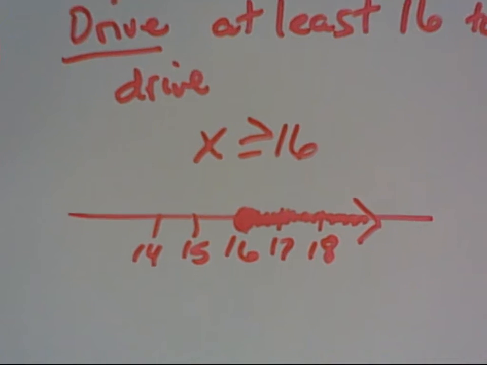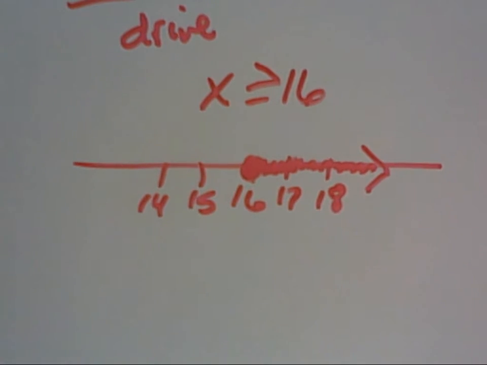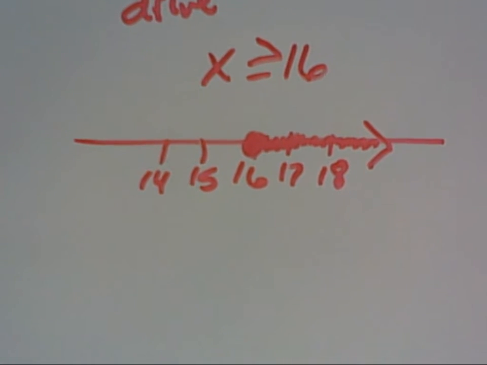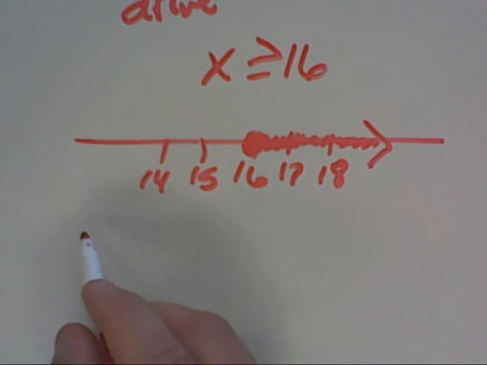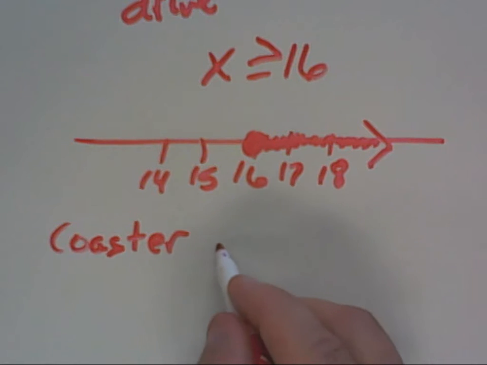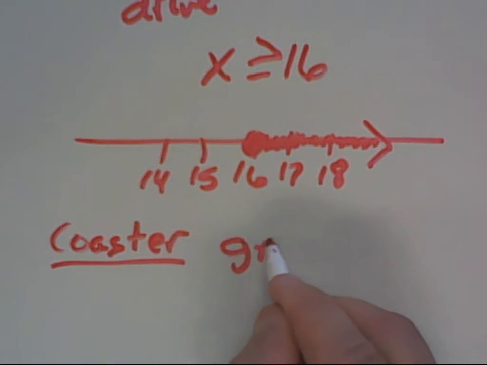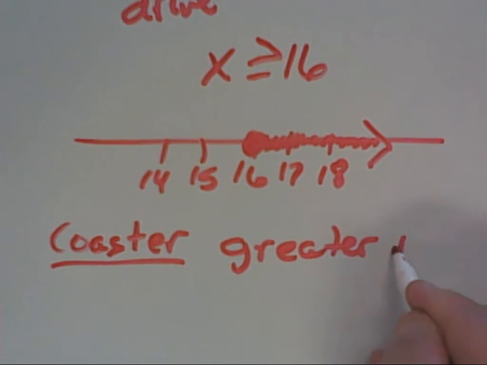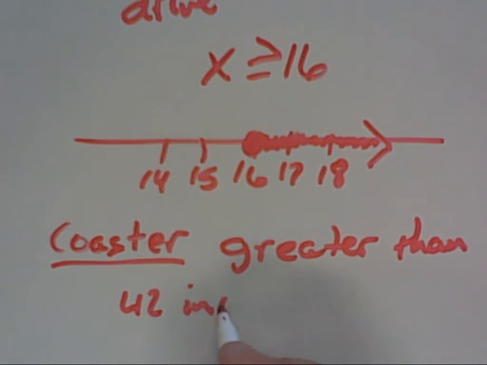Another inequality that we can write in English and represent with an inequality and an inequality graph would be something like this. If you go to an amusement park, a lot of times in order to ride a roller coaster, you have to be a certain height. Let's say that you have to be greater than 42 inches in order to ride a roller coaster.